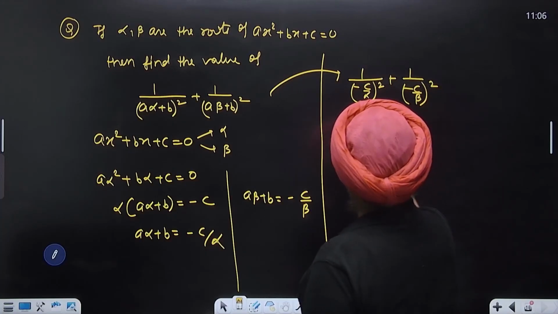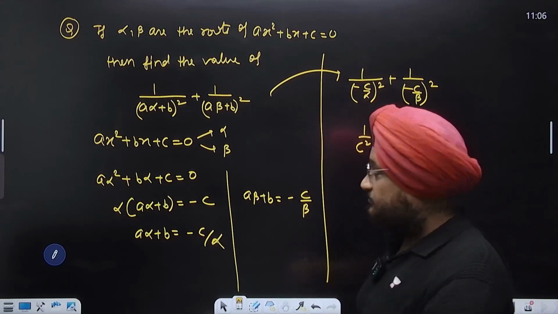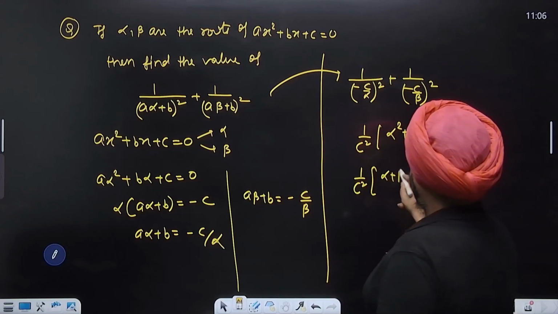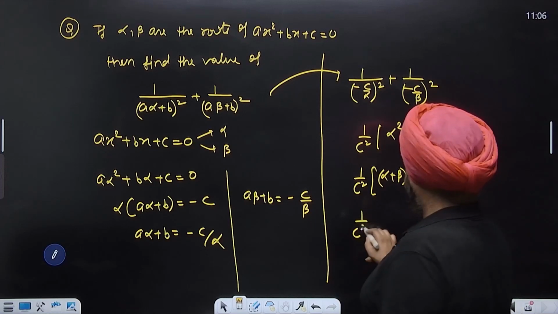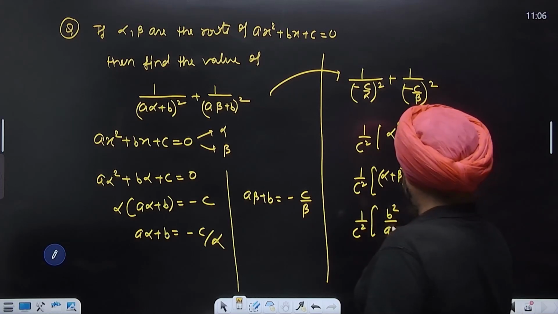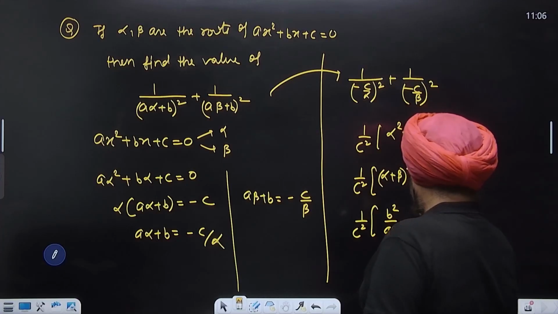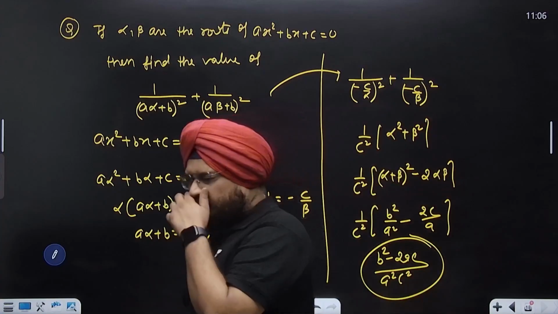So 1 upon c square alpha square plus beta square, which is quite simpler than what we were doing earlier. Alpha plus beta whole square minus 2 alpha beta. So b square by a square minus 2c by a, that is b square minus 2ac upon a square c square. This is the expression you are looking for.